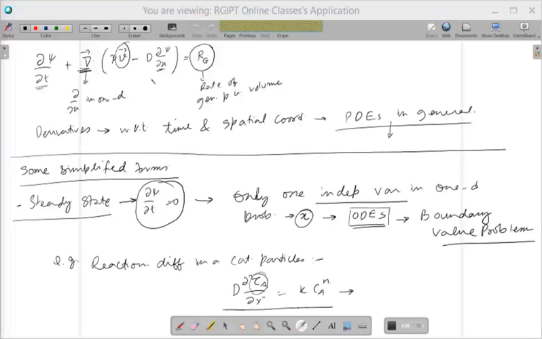That will lead to the most complex scenario you can imagine in a transport process. But in order to understand it, we have to go in steps. You have to understand situations which are much simpler than the complex ones. We'll talk about those as we proceed.